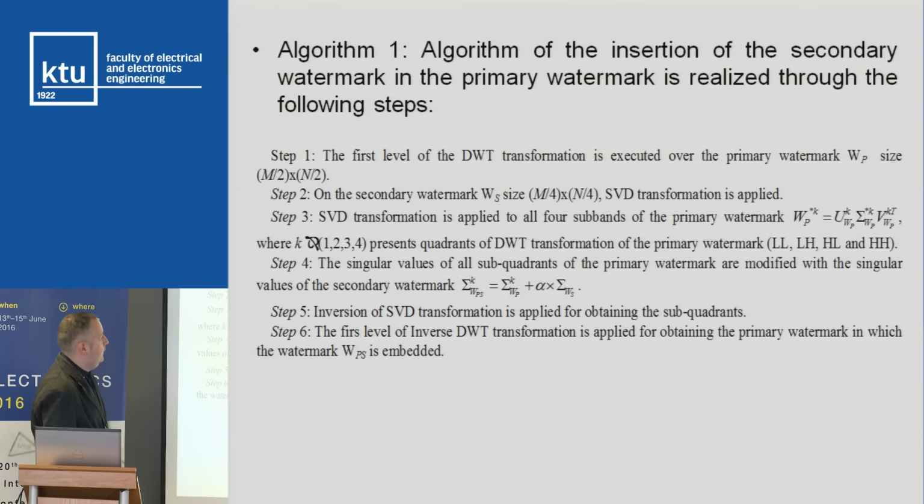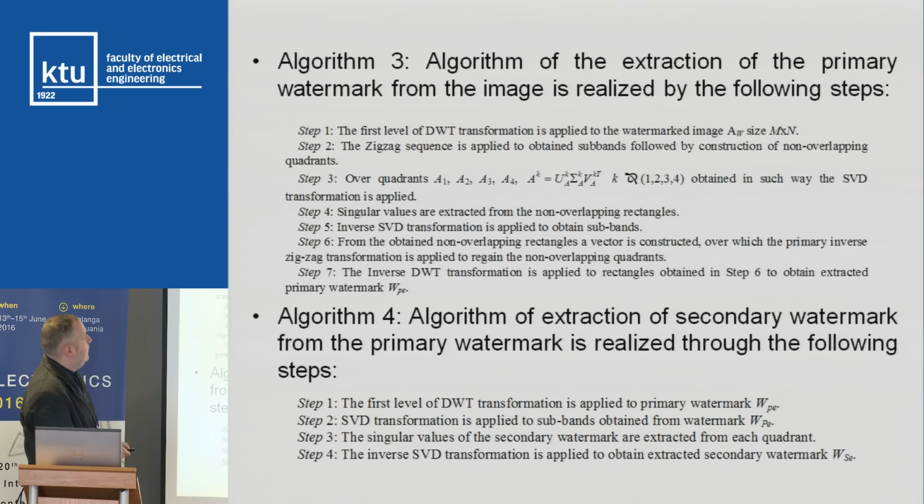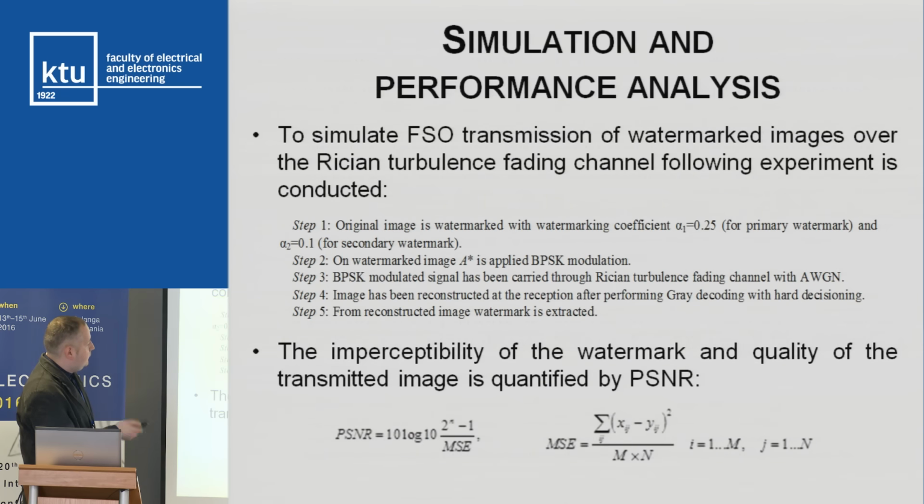Algorithms are explained in the paper and here in the presentation, how we have inserted this watermark, primary and secondary watermark. These are the algorithms, also how primary and secondary watermark are extracted, and so on.